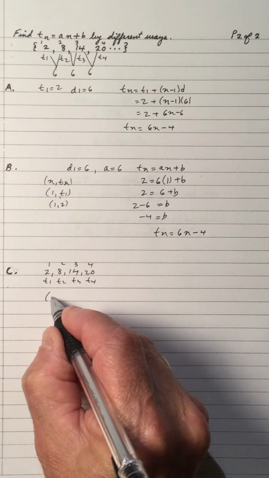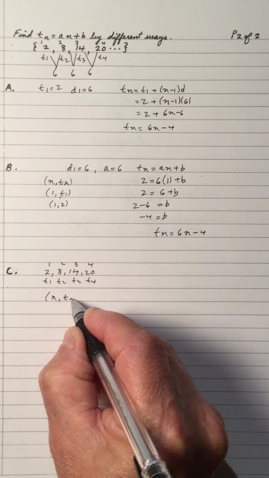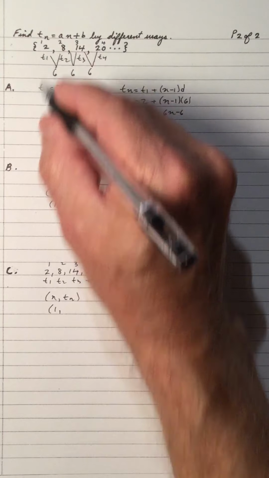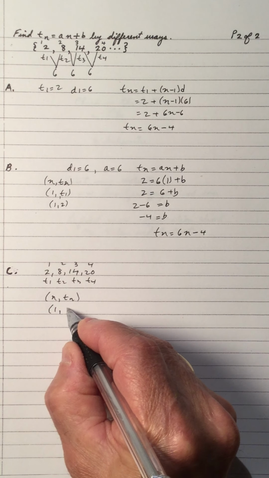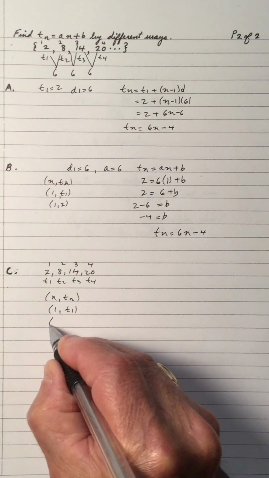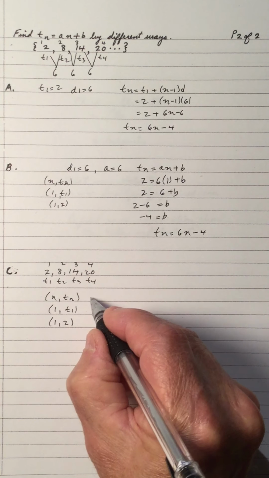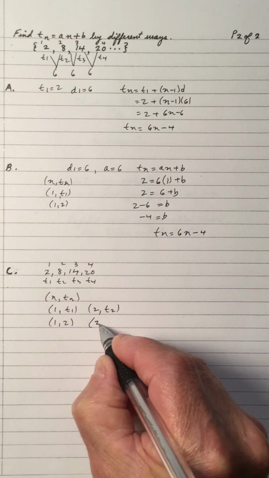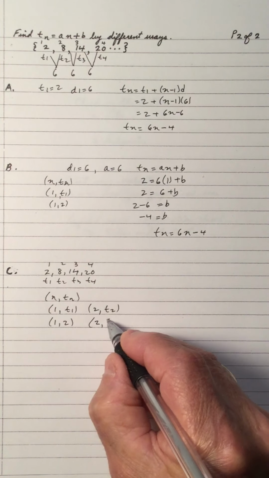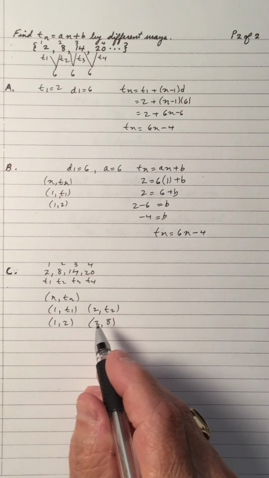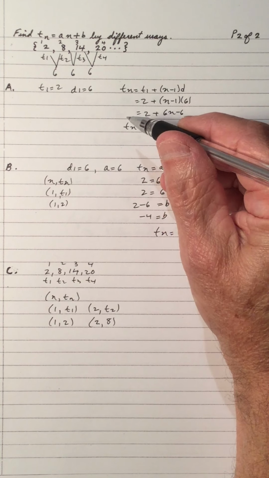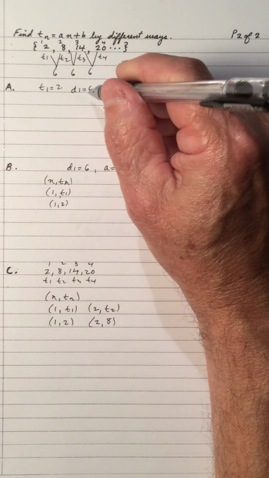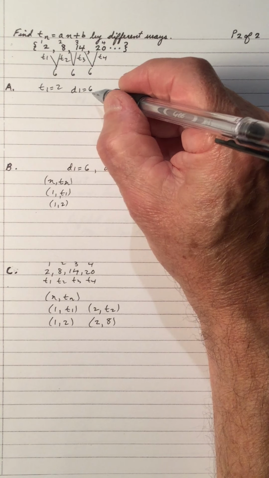So n comma Tn: when n is 1, T of 1 is 2, so that gives me 1 comma 2, and when n is 2, T2 is 8, so that gives me 2 comma 8. Remember that this is an arithmetic sequence, which has a common first difference.